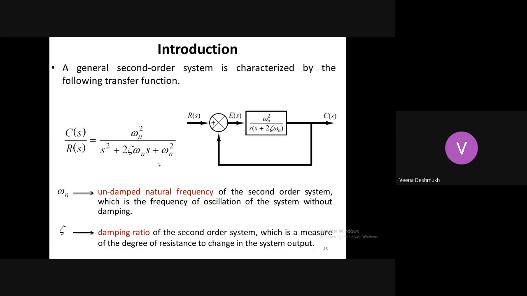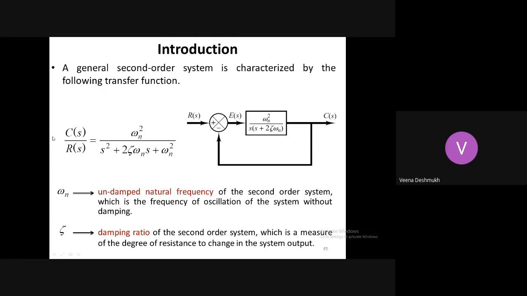Here you come across the equation, the transfer function, where R of S is the input and C of S is the output. Usually in other books you might have found Y of S and X of S as output and input respectively.